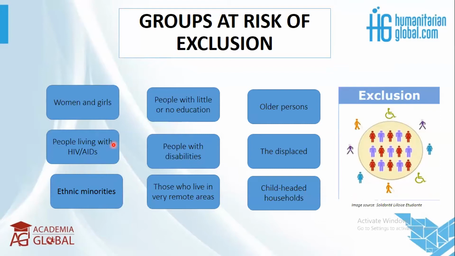But if you look at it critically, you realize that there are groups that have different needs, and they need to be considered. So in every community, you would find that we have women and girls. We have people sometimes who have no education. Sometimes we have people who do not have voices, for example, even in meetings. So those are some of what we talk about. They are likely to be excluded.